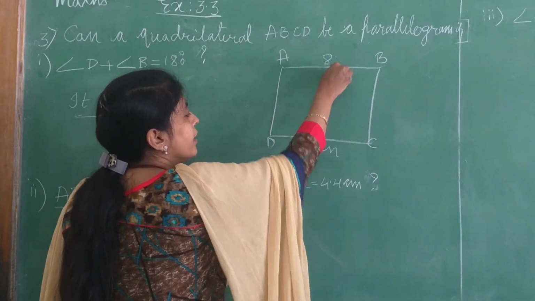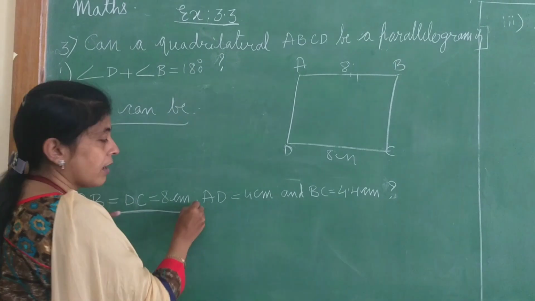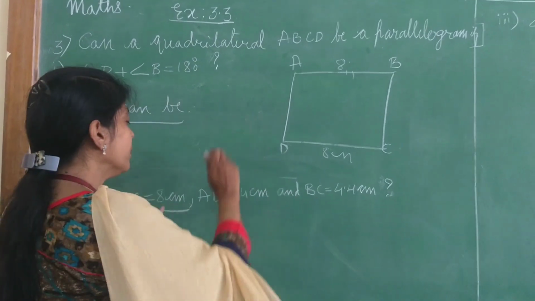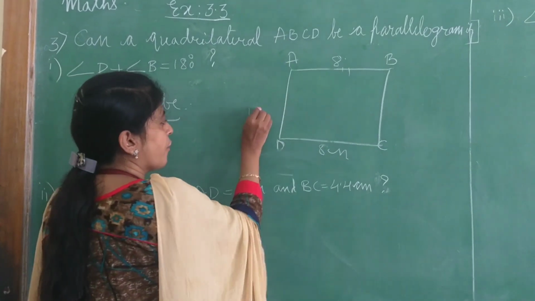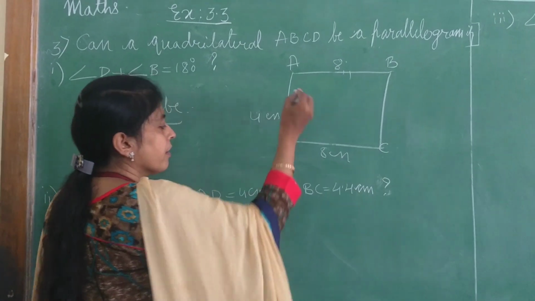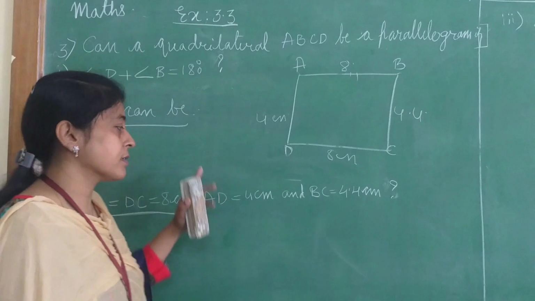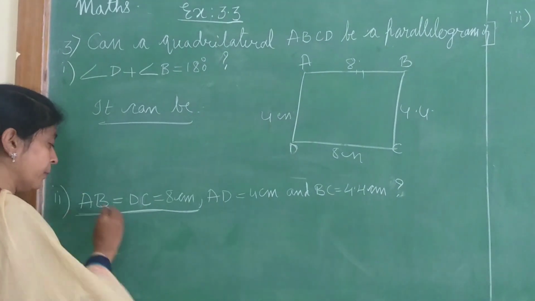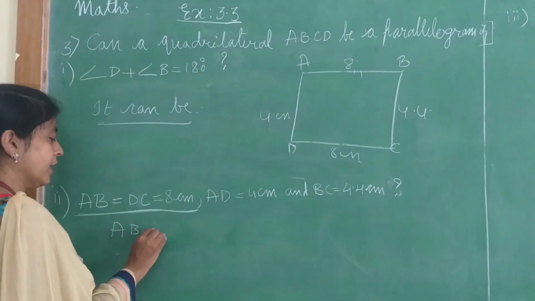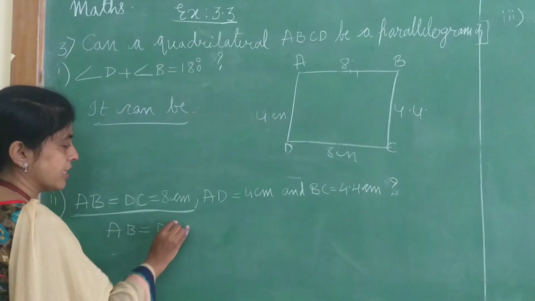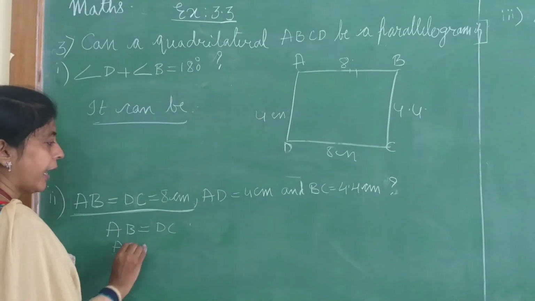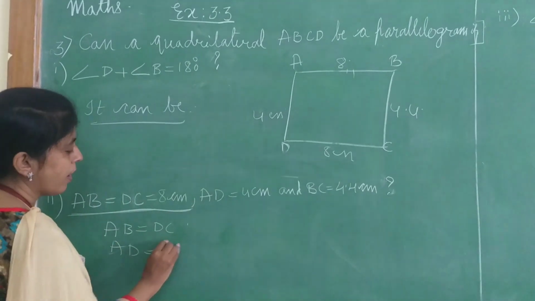We are saying that one pair is equal. What about the next one? AD is 4 whereas BC is equal to 4.4 centimeters. As we know, AB should be equal to DC as well as AD should also be equal to BC.